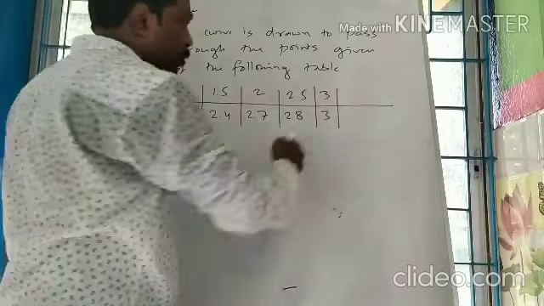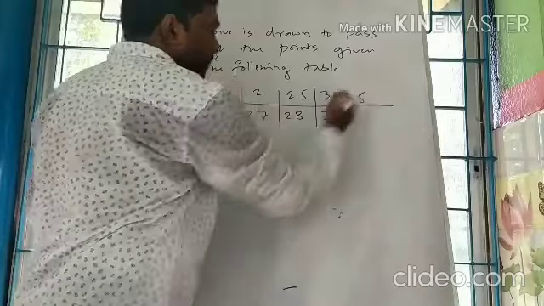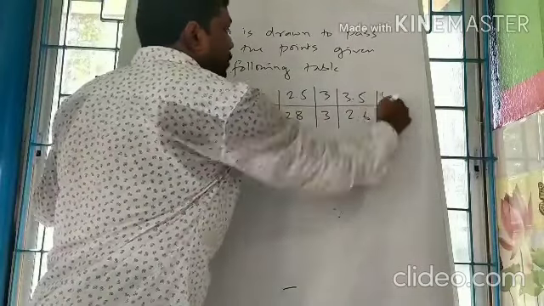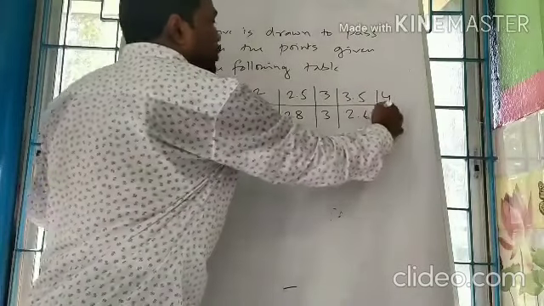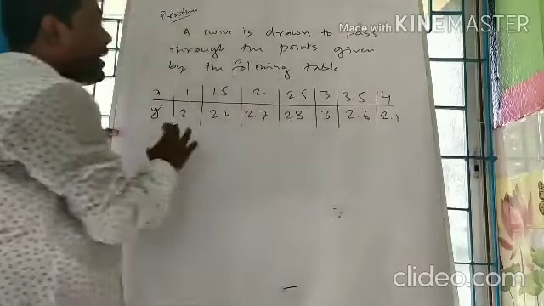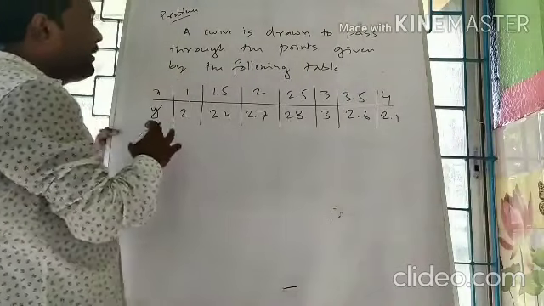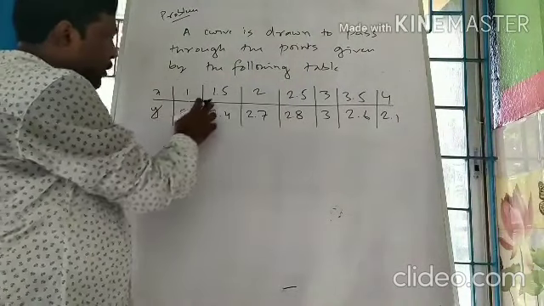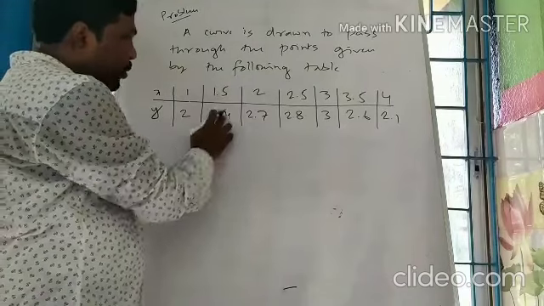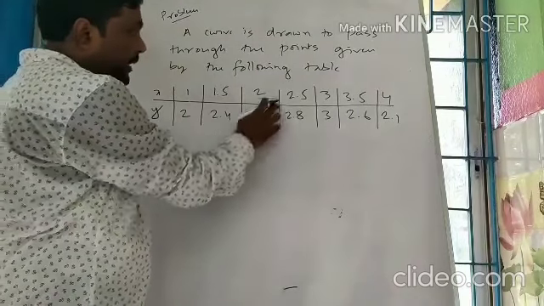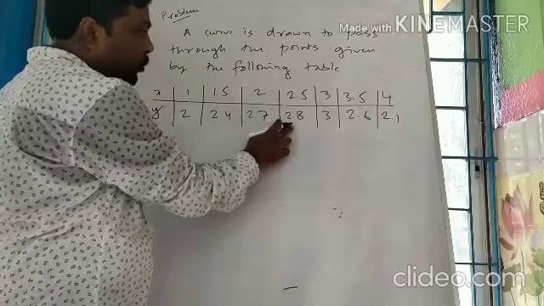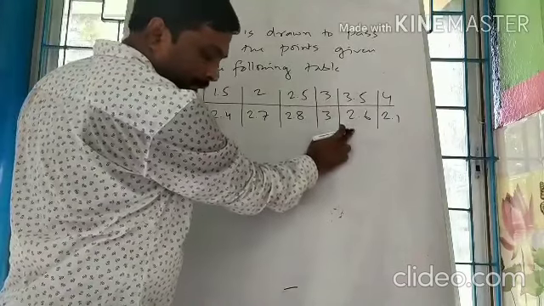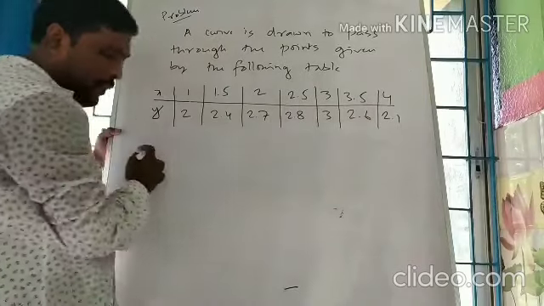When x equals 3.5, y is 2.6. When x equals 4, y is 2.1.